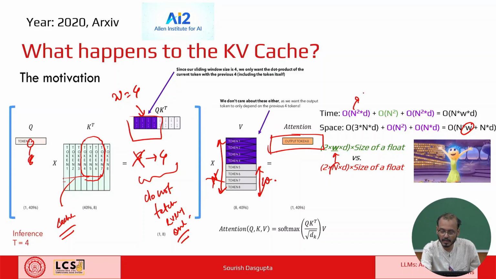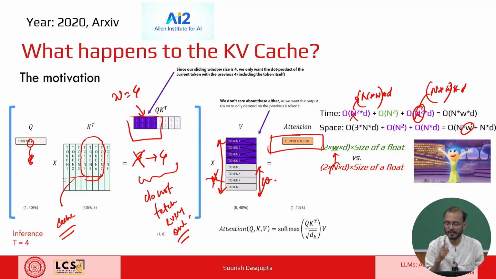This would be n multiplied by w multiplied by d, instead of what is shown. So basically the time complexity also reduces. Essentially it helps you to have better, faster inference and faster training. So that's what happens with sliding attention.